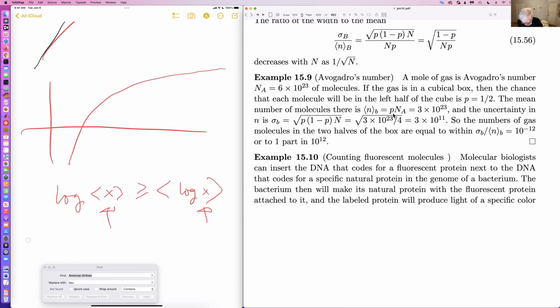So that's why we think of the gas in a box as being equally distributed in both halves of the box.